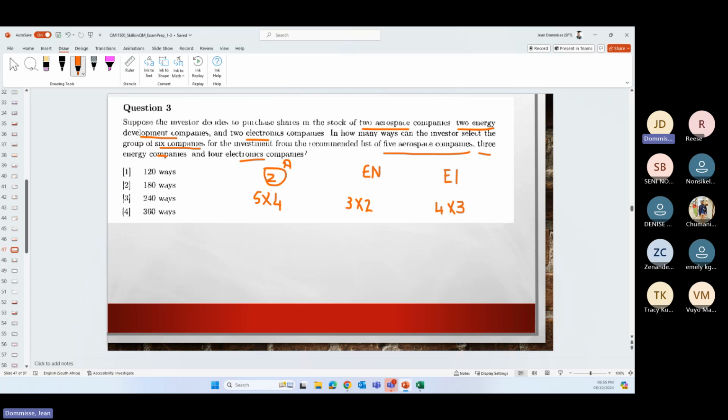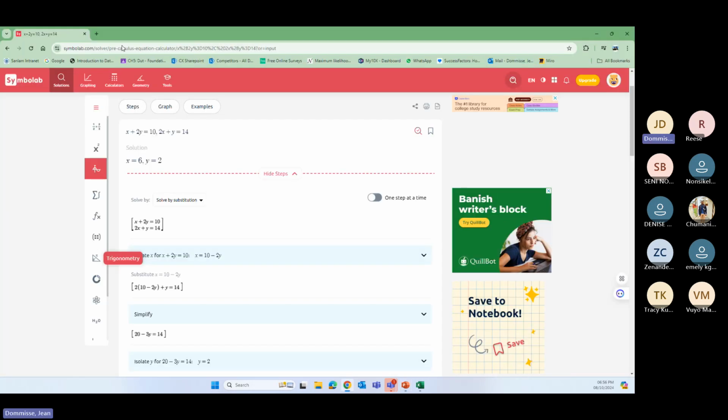If anybody sees it somewhere in the study guide, you guys can let me know. Else I am going to Google what it means. Okay, so let's quickly just do this permutation.